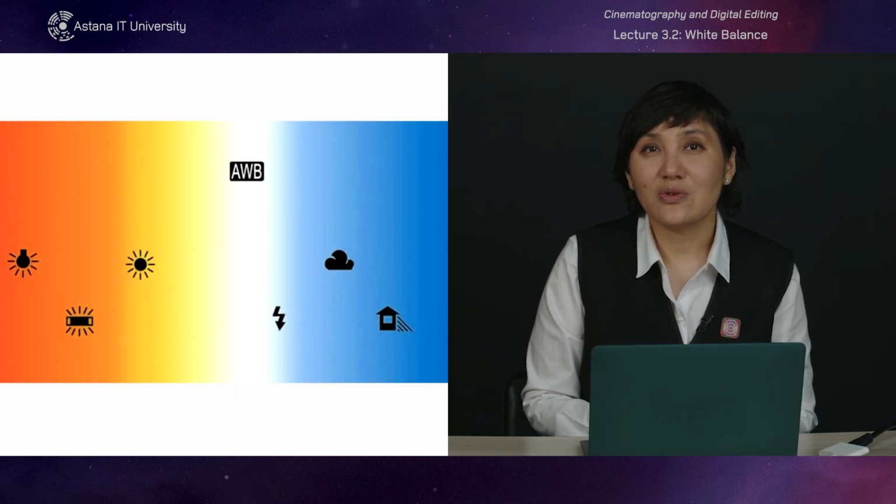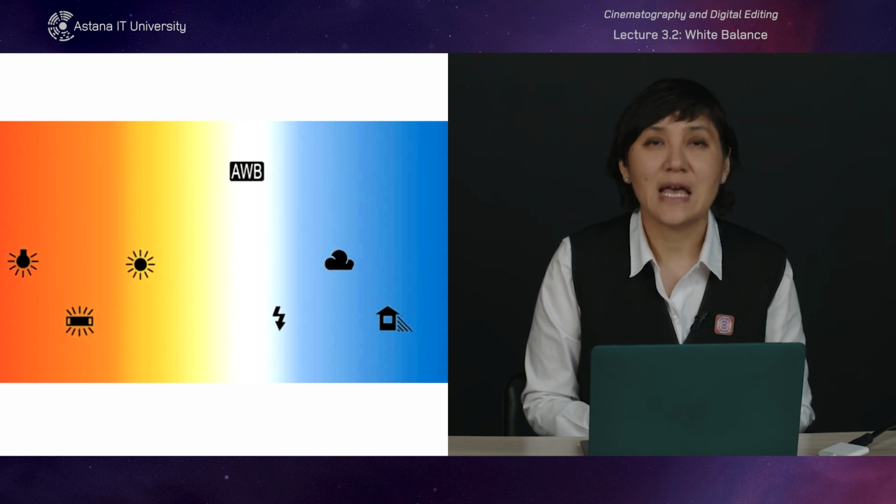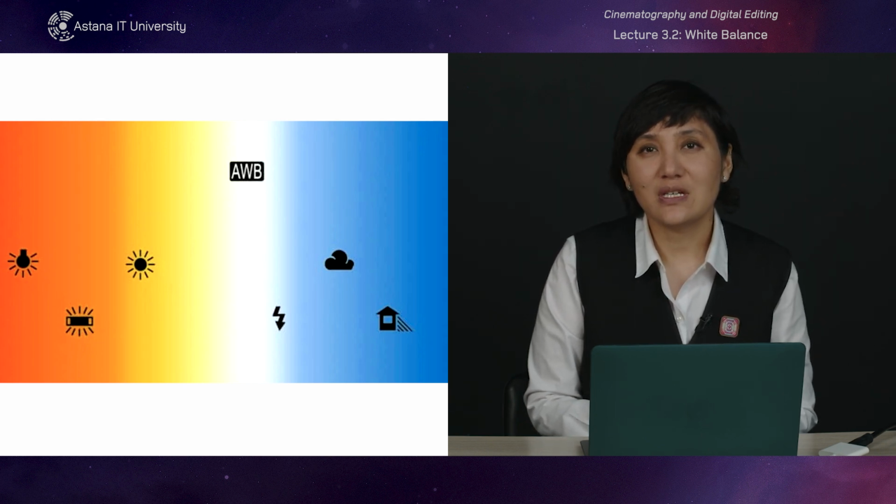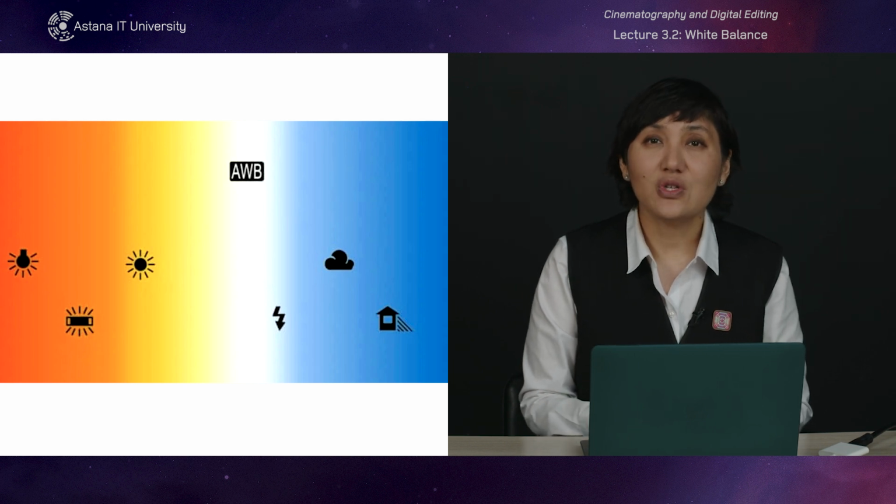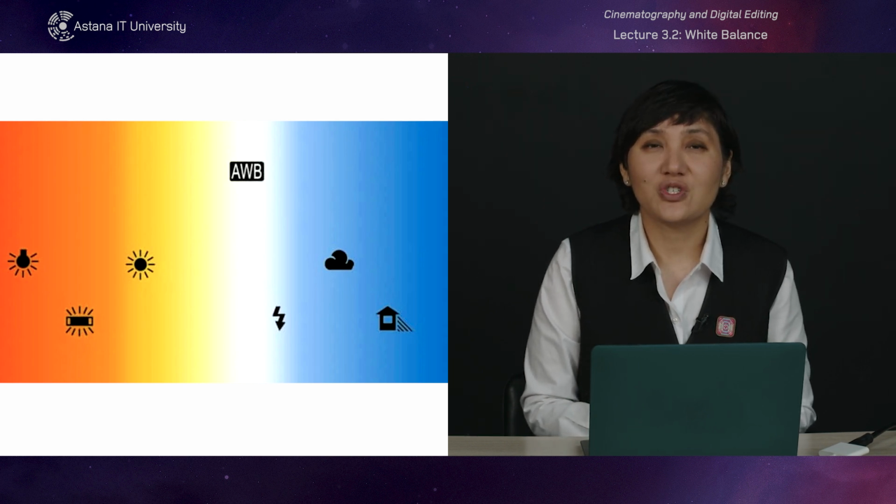While presets are useful, manual white balance adjustment gives you the most control and accuracy, especially in complex lighting scenarios. To manually set white balance, cinematographers often use a white or gray card to capture a reference point for the camera. The camera uses this reference point to adjust its white balance, ensuring that the colors in your scene are true to life.